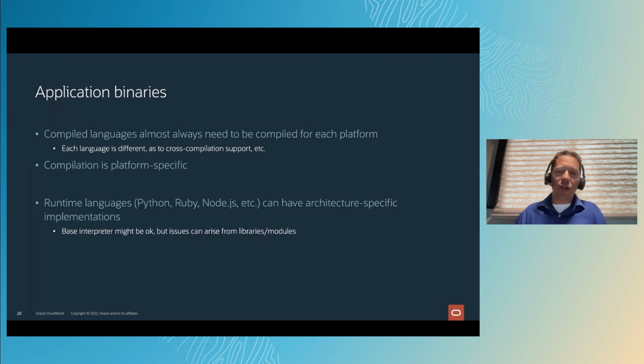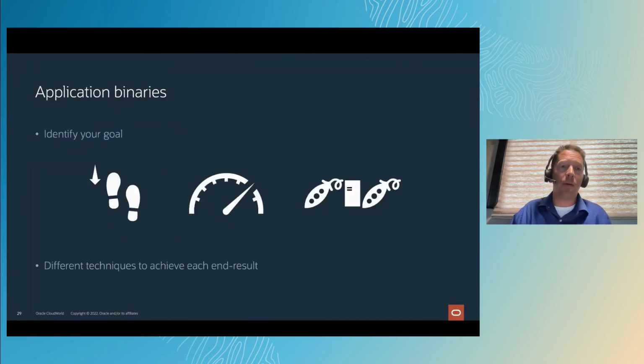There can be implications here. And so while your base Python app, for instance, might be okay, you might have wheel dependencies that are not supported. So just keep that in mind as you're going through that. Just don't assume that because it's a runtime interpreted language that you're in the clear. You still need to go through your due diligence and testing for sure.